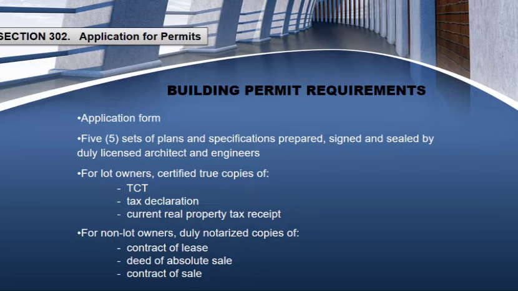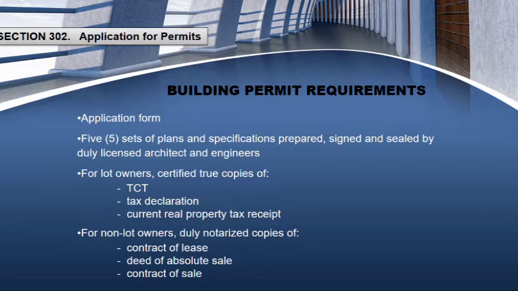In case that the applicant is the registered owner of the lot, they need the certified true copies of the TCT, or the Transfer Certificate of Title, tax declaration, and current real property tax receipt.